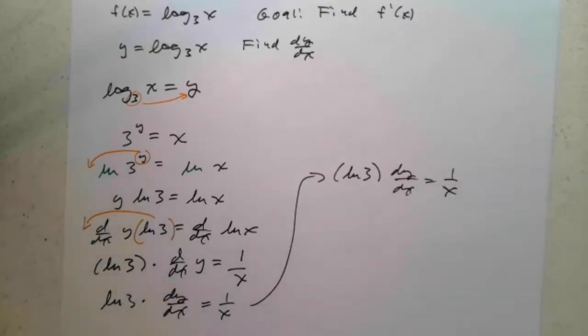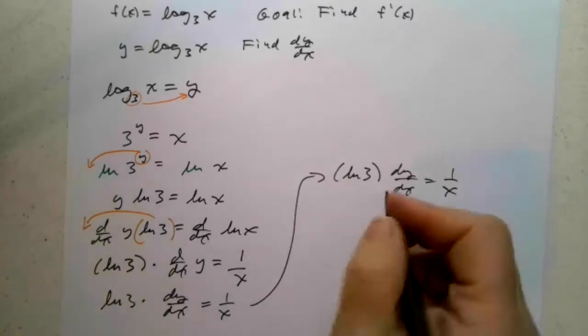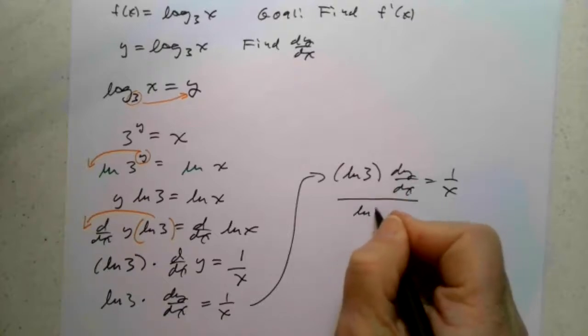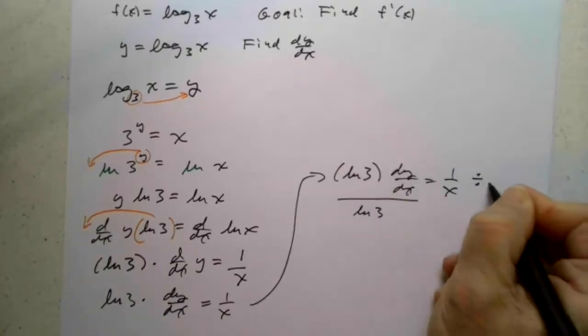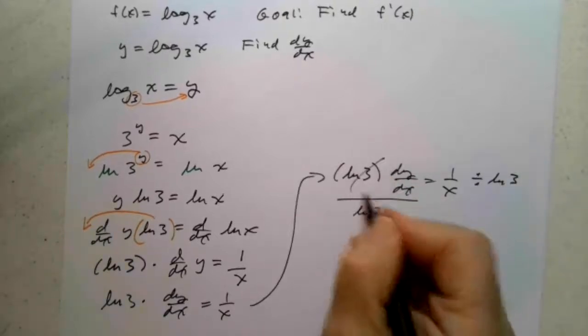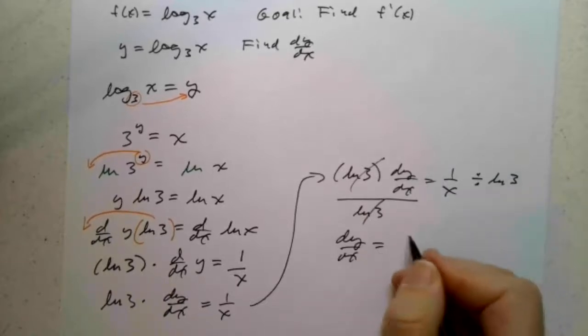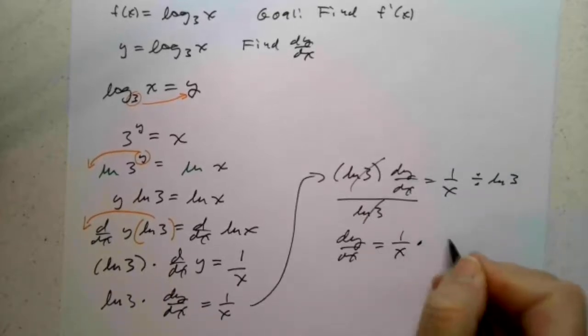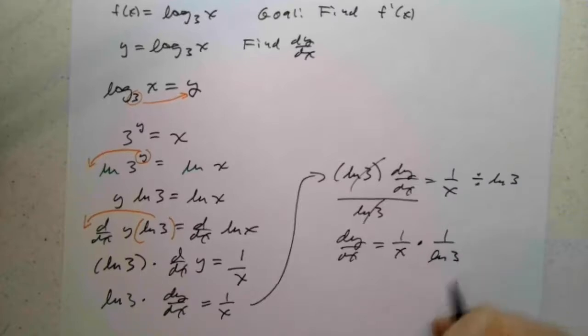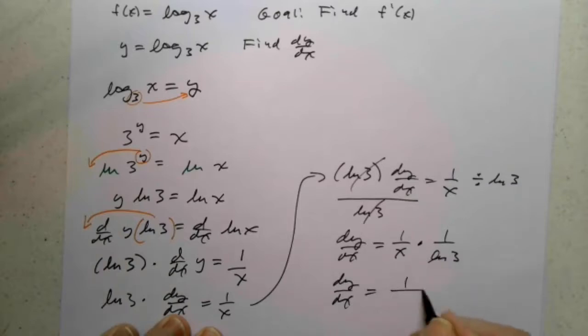Then I need to divide both sides by natural log 3. So we get dy dx equals 1 over x divided by log 3, which is 1 over x times 1 over log 3. And we get our derivative dy dx equals 1 over x times the natural log of 3.